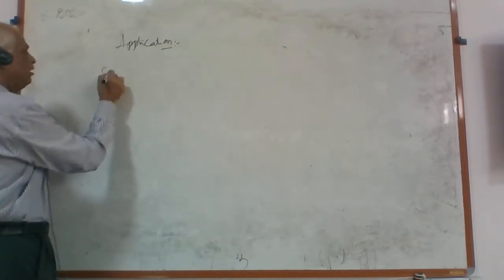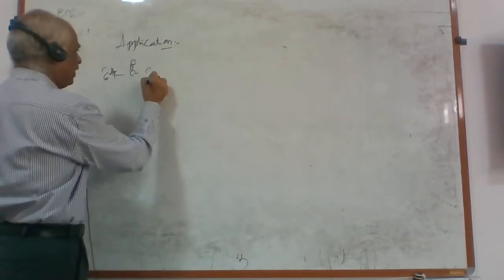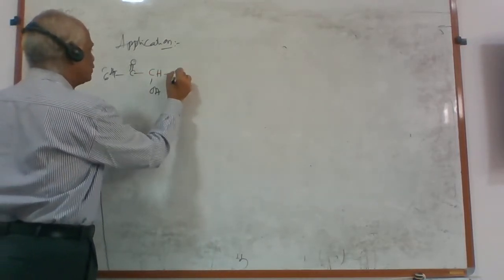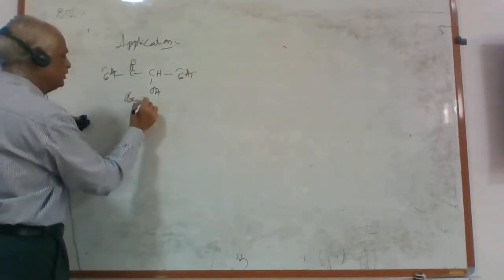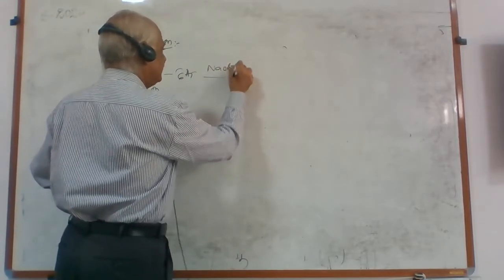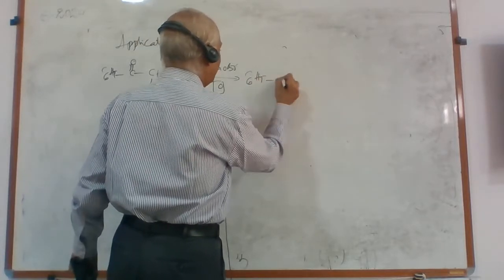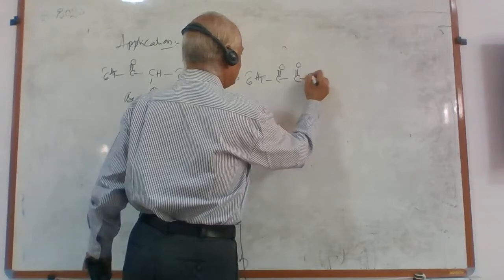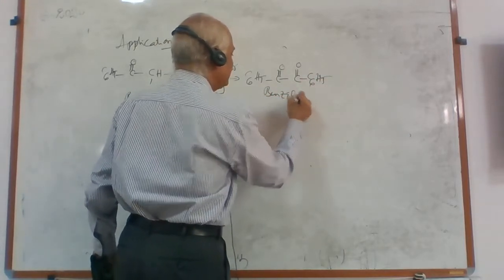For example, you take benzoin, C6H5-CO-CHOH-C6H5. This benzoin is then oxidized with sodium hypobromite. This secondary alcohol is oxidized to a keto group, forming the compound called benzil.